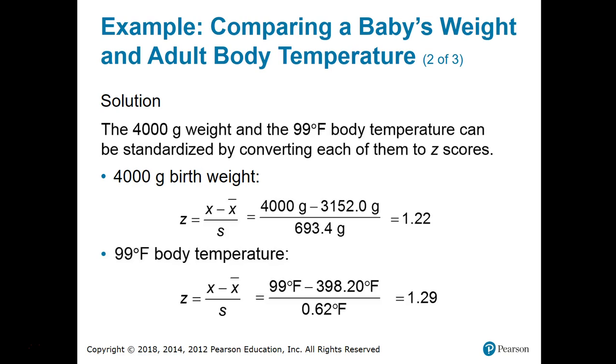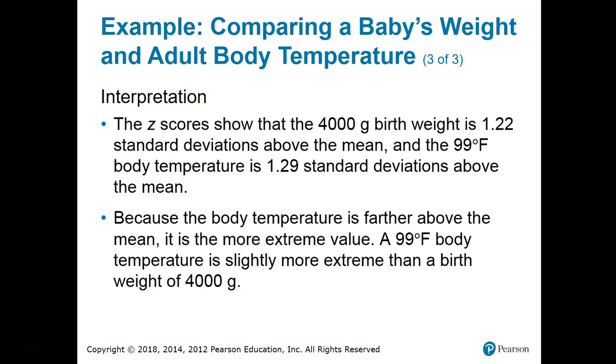For the adult body temperature it is 1.29. So this is 1.22 standard deviations above the mean for the baby, and 1.29 standard deviations above the mean for the adult as far as temperature goes.